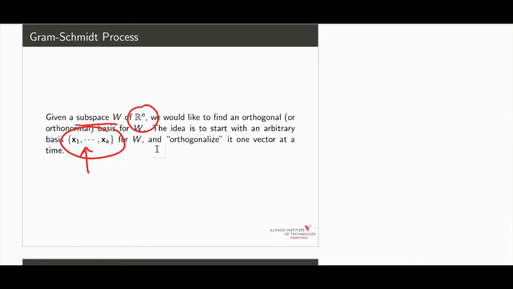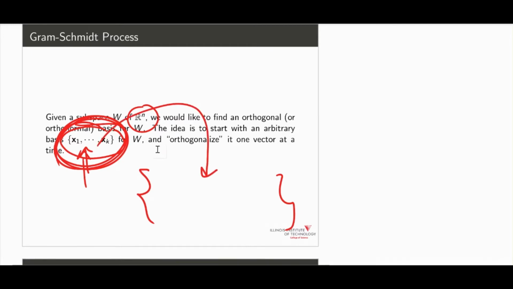It doesn't have to be 90 degrees, so to speak, to each other. So we want to construct a new basis by doing something on this original basis. We want to convert it into another basis, which obviously still spans the space and is linearly independent, but this time all the vectors are orthogonal, 90 degrees to each other. So how do we do that?